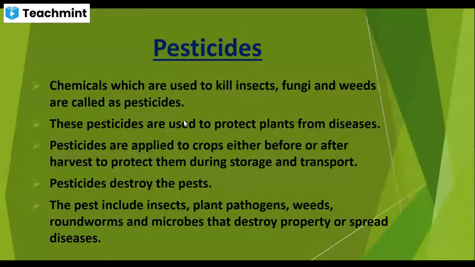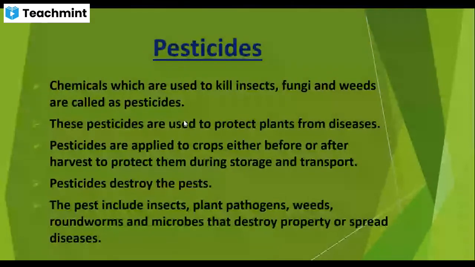But for different diseases, different pesticides are there. If you want to prevent your farm or your crops from pathogens, for that purpose we can use special pesticides. If you want to kill caterpillars, we can use a caterpillar killer pesticide.